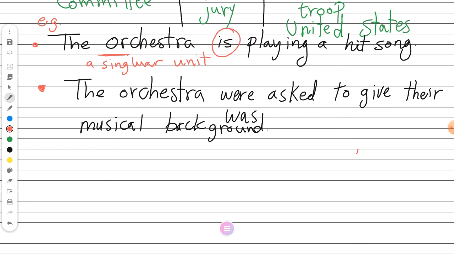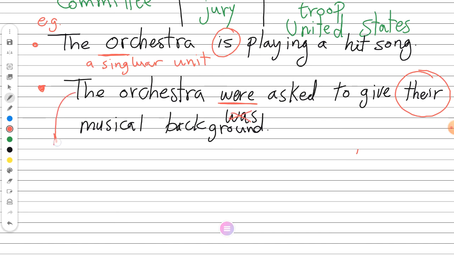In the second sentence, the orchestra were asked to give their musical background. Was or were? I have the word "their" in the sentence here, and "their" refers to each individual in the orchestra. So I'm speaking of the orchestra as separate individuals. That's why the verb should be plural, not singular.